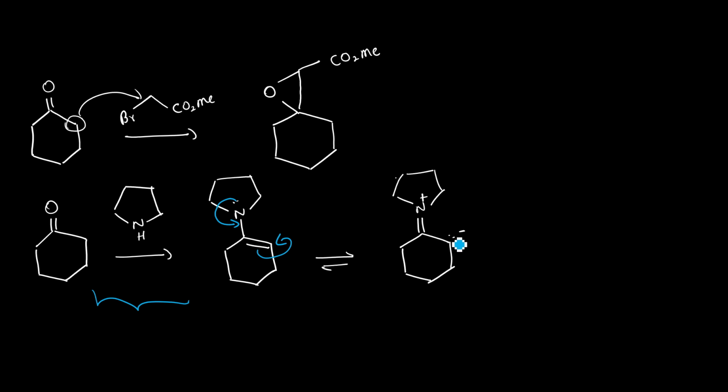Now you can see this position here has a higher electronegativity compared to this. If you compare this structure and this structure, these are the two resonance structures. So 50% of our system contains this negative charge on this position.